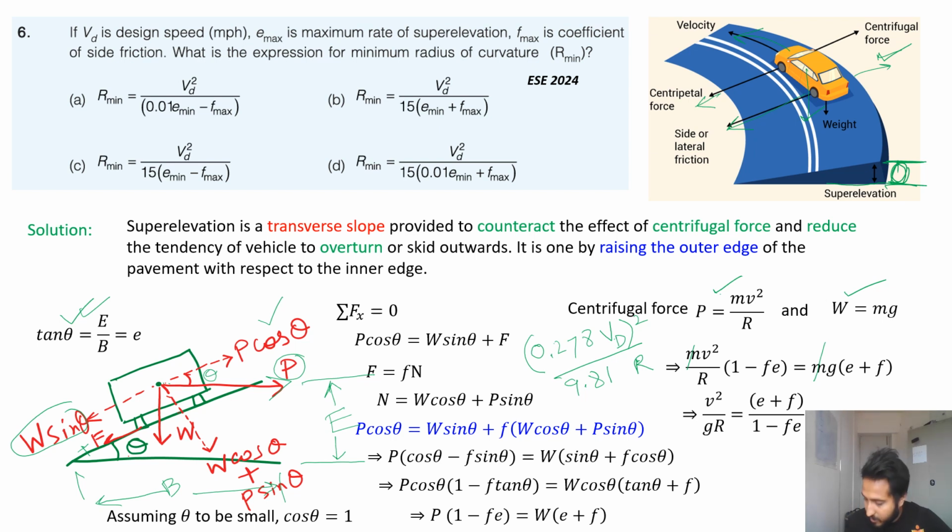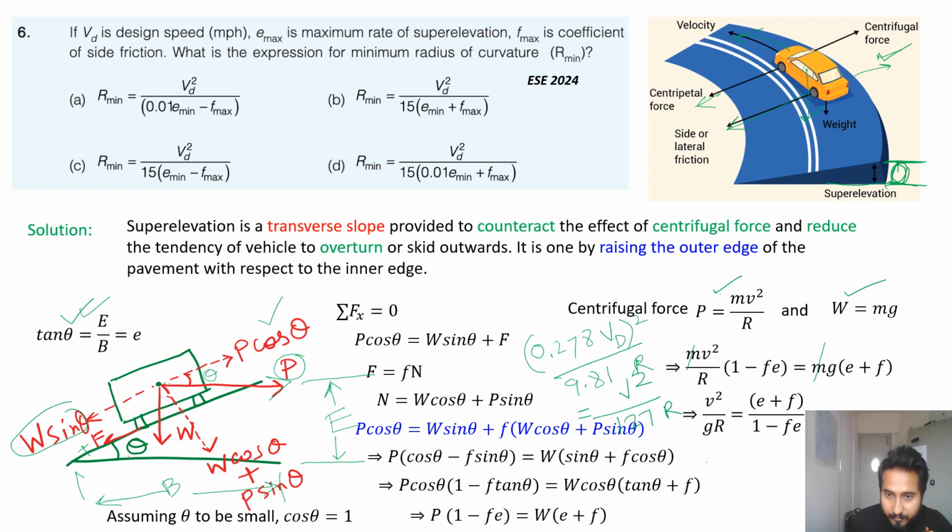We take the reciprocal, 1 by this value is 127. So we get v square by 127 r equals e plus f by 1 minus ef.